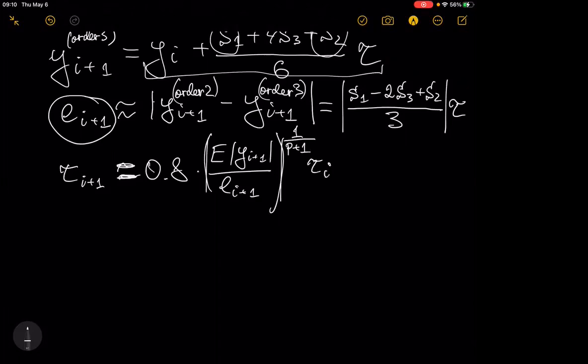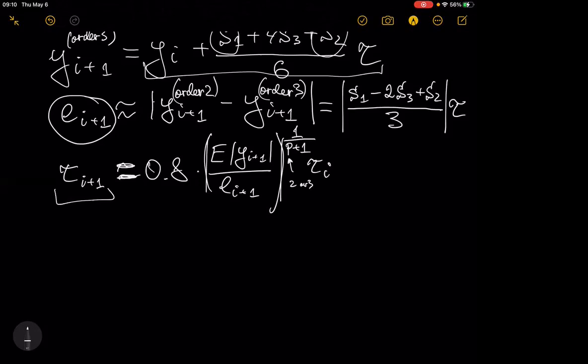Okay, the question is, what power do we need to use? To be on the safe side, one could use order 2 here, but you can also try to use order 3. So 2, or 3. And this will give you an evaluation of your next time step.